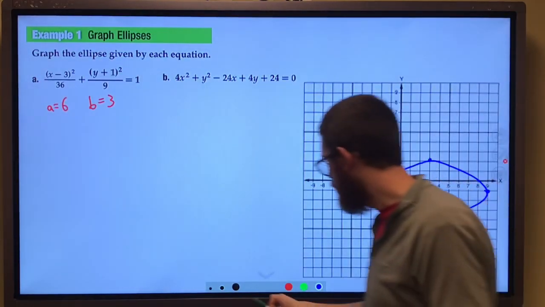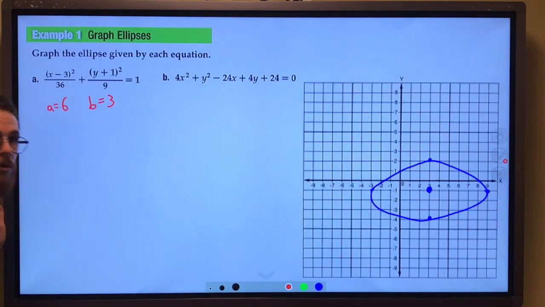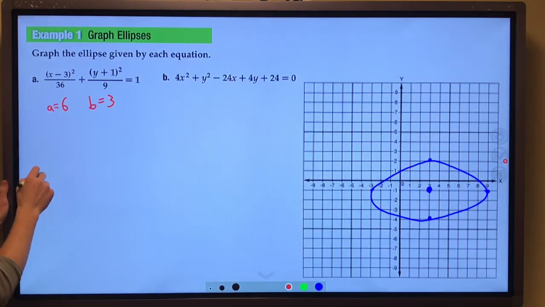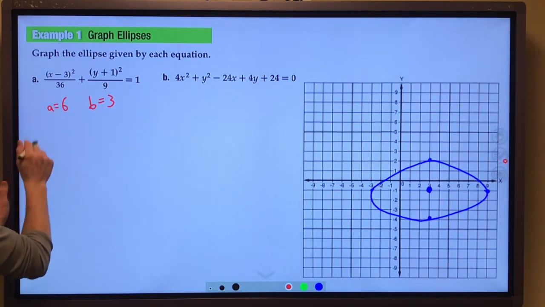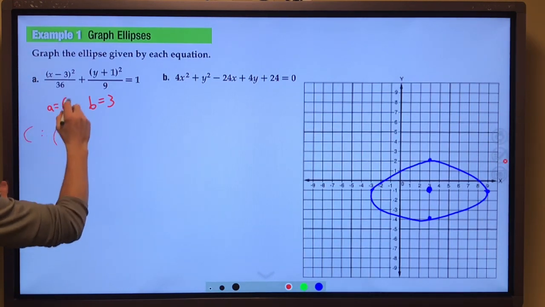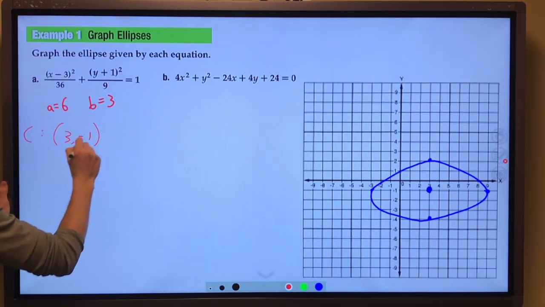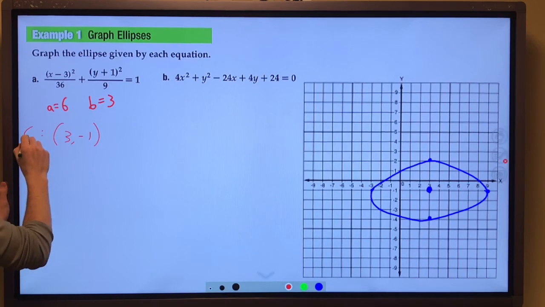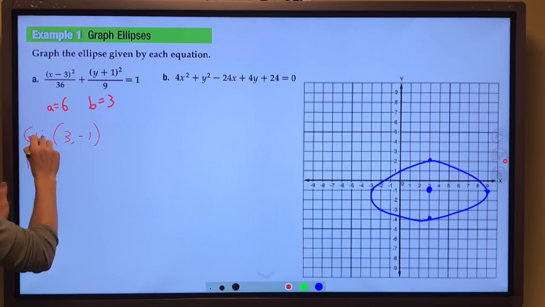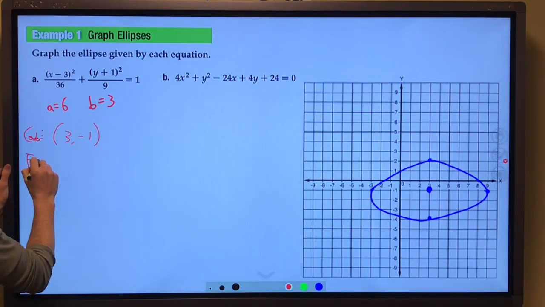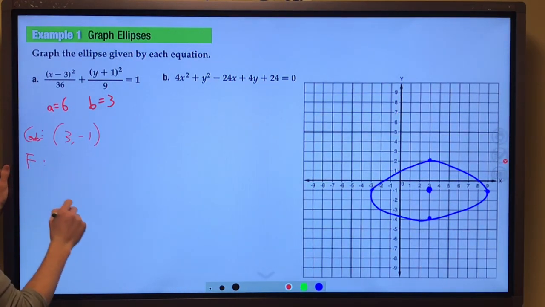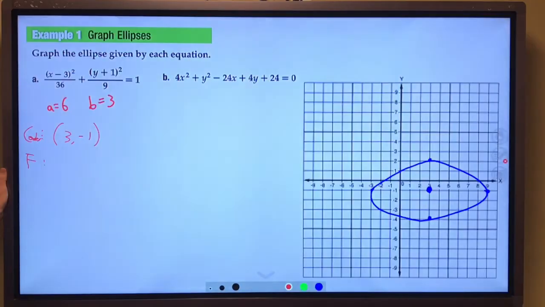Now, just so we're feeling comfortable, let's list out about everything we possibly can. We have our center point. I'll abbreviate. Our center point was 3, -1. We can find, I'll actually write that out so we don't get it confused with the C value, our foci, which we will find in a second.